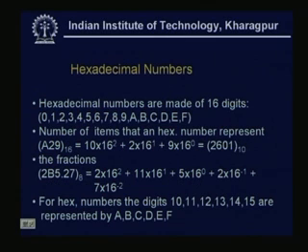Similarly, we have hexadecimal numbers. Hexadecimal numbers are made of 16 digits: 0, 1, 2, 3, 4, 5, 6, 7, 8, 9, then 10, 11, 12, 13, 14, 15.